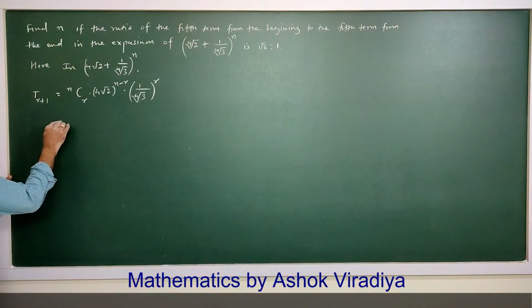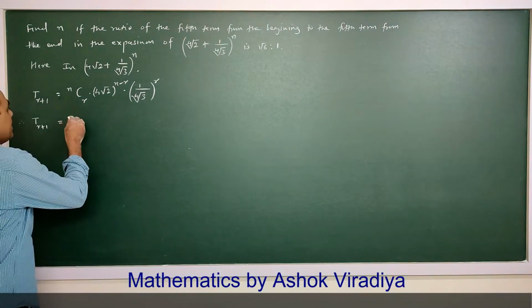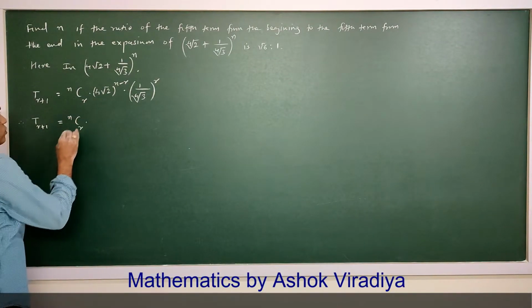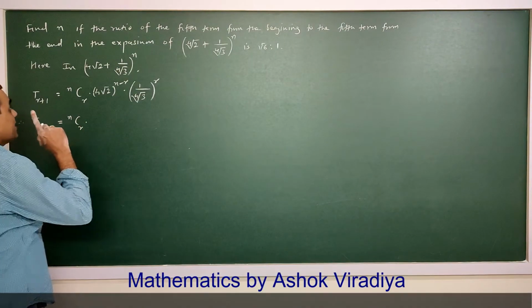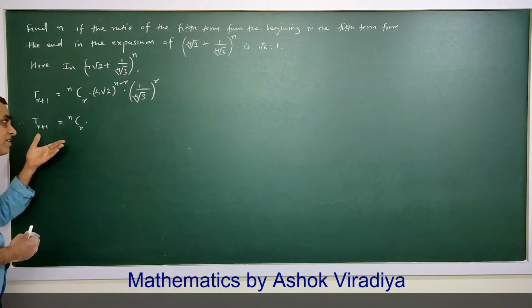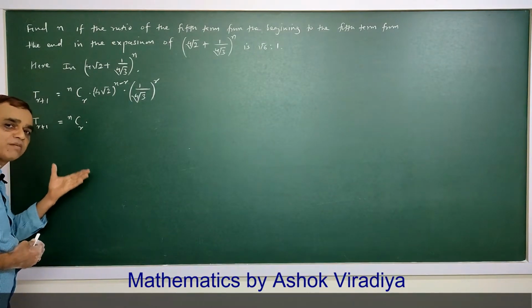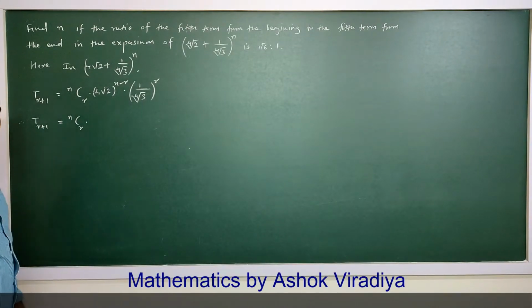So simplifying this, NCR into... in this question we need the fifth term. So directly we can keep r equal to 5. Otherwise let us simplify more, and after getting a simpler form, we will keep r equal to 4 to get the fifth term.